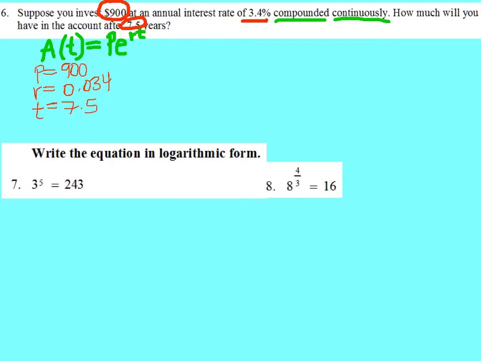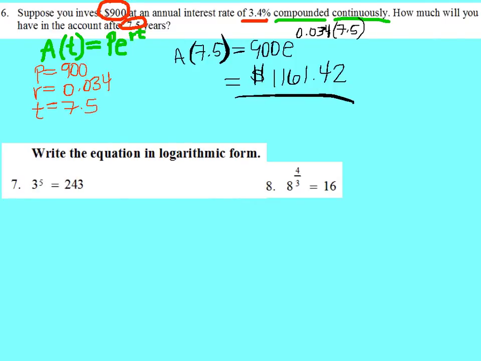So now I'm just going to plug all of this into the formula. So alright, sorry, it kind of cut out. So what I plugged in was A of 7.5 years is equal to my initial amount, 900, times e, but e is being raised to 0.034 times 7.5 power. So when I put this in my calculator, I'm going to put in my e function.